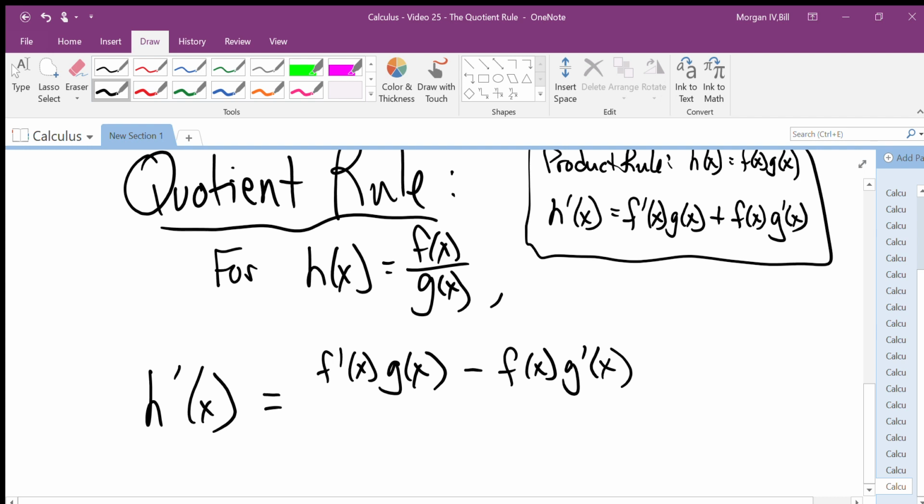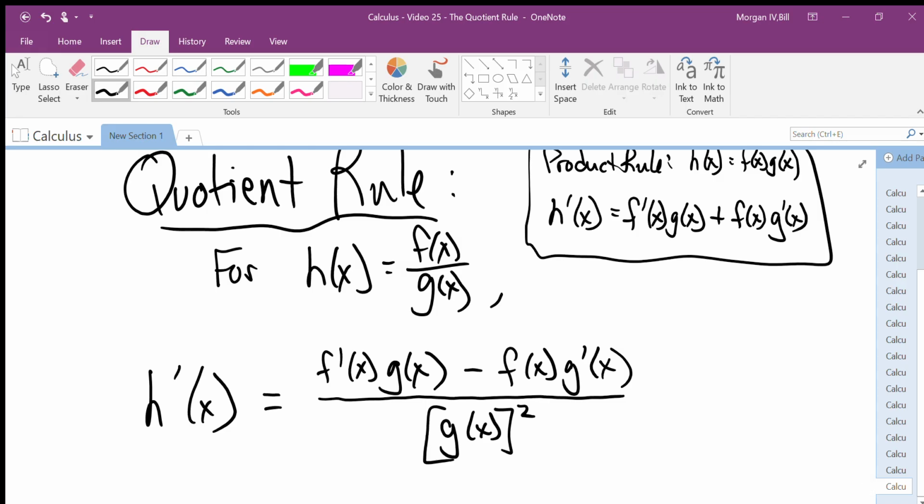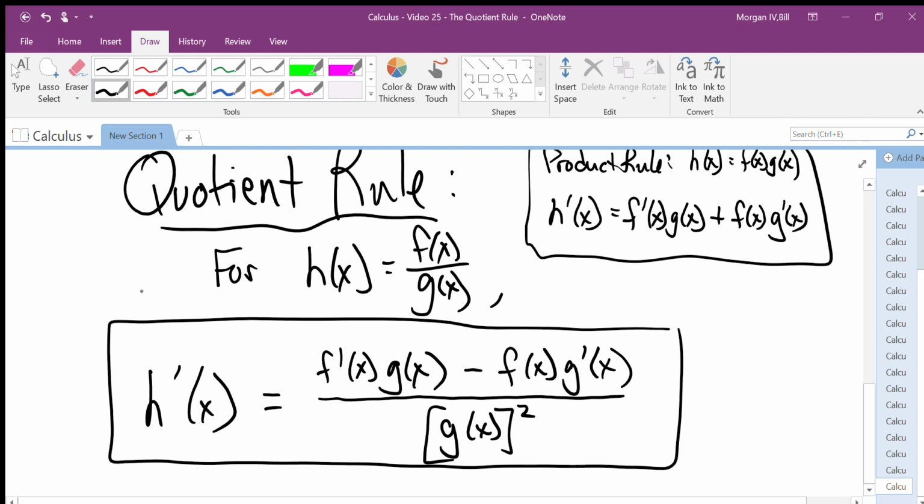But then you have to divide the whole thing by the denominator, g of x squared. So it's f prime of x, g of x, minus f of x, g prime of x, divided by g of x squared. Or f prime g minus f g prime over g squared. That is the quotient rule. We should put a big box around that, star that. That is something we're going to have to know and use quite often.